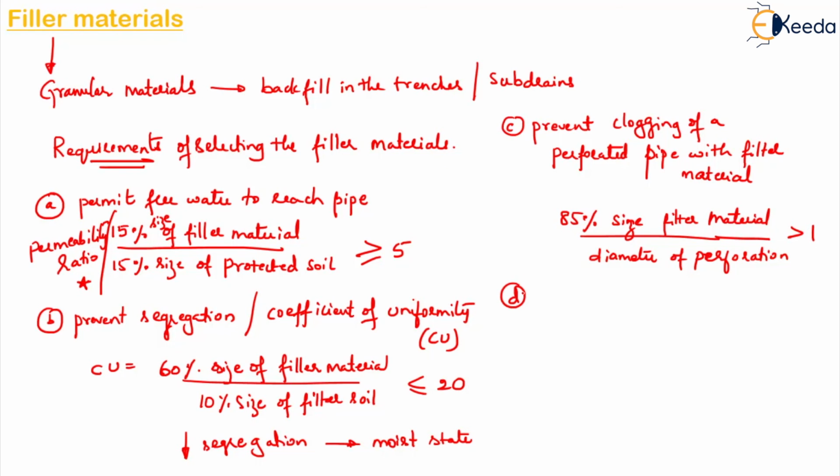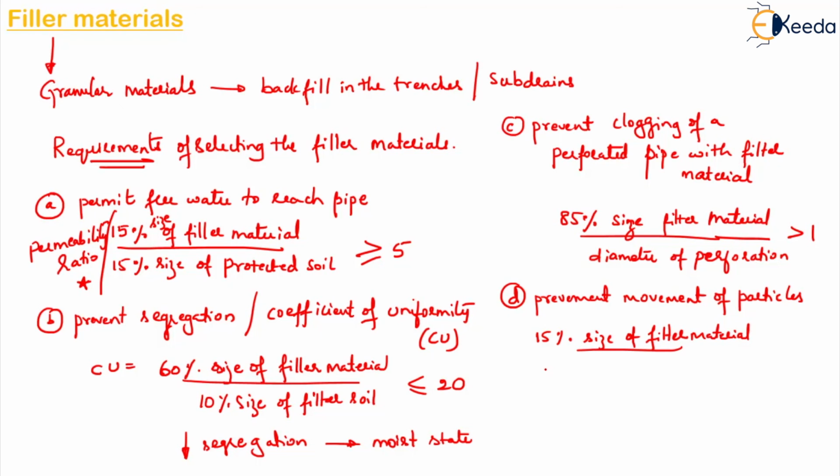And the last condition is to prevent movement of particles from the protected soil into the filler material. It has to satisfy two conditions. The first condition is 15% size of your filler or filter material by 85% size of protected soil should be less than or equal to 5.